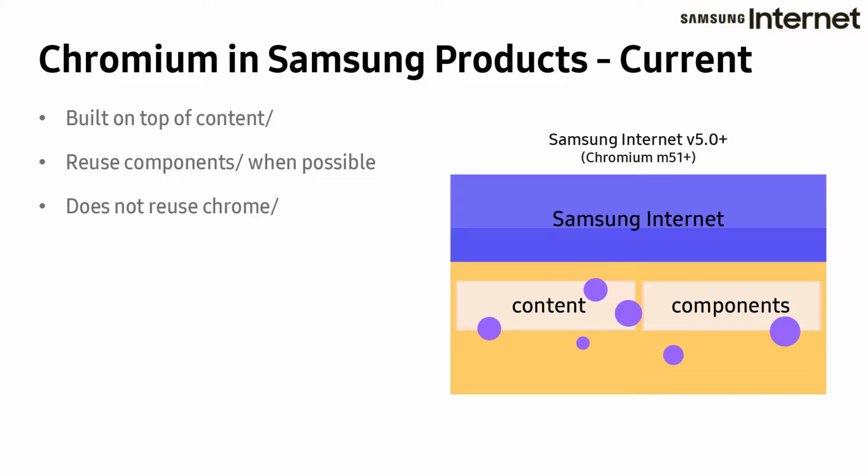So we ended up doing several rounds of re-architecturing and finally ended up here. So we are no longer using the Chrome part anymore. We are built on top of content and reusing components. And these purple circles are actually our code in the lower area of Chromium.